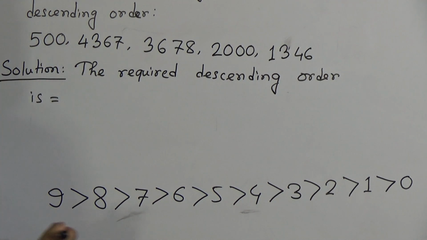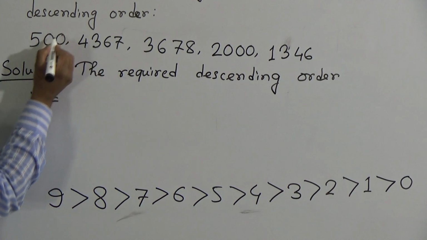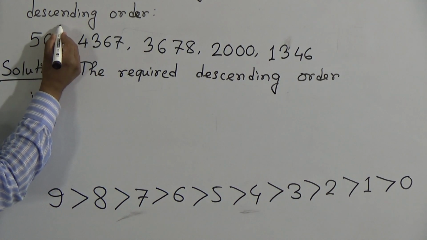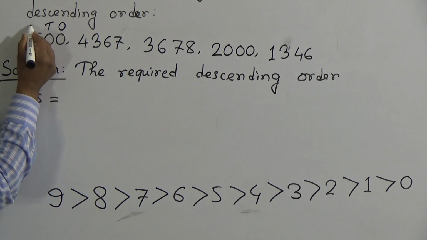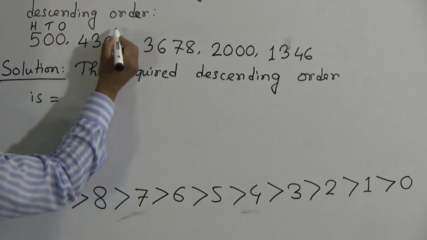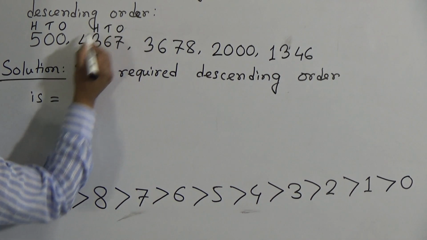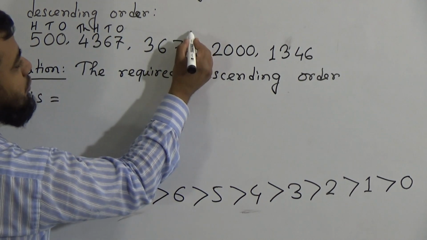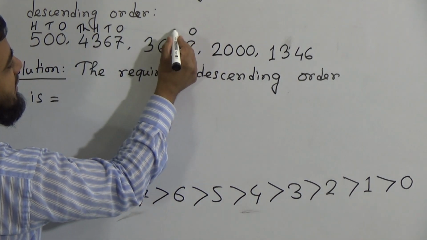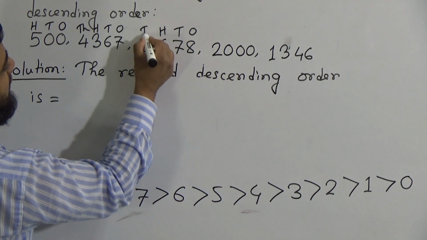First of all we should identify the place values of all these numbers. In 500, 0 is in 1's place, 0 is in 10's place, and 5 is in 100's place. In 4367, 7 is in 1's place, 6 is in 10's place, 3 is in 100's place, and 4 is in 1000's place.